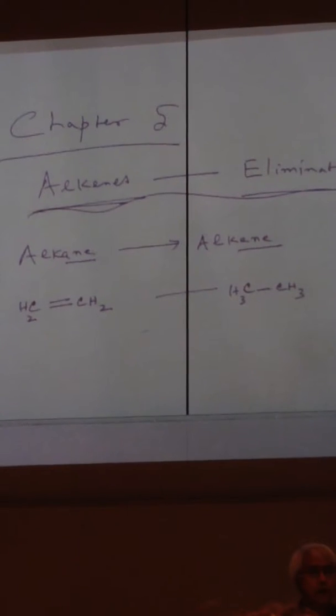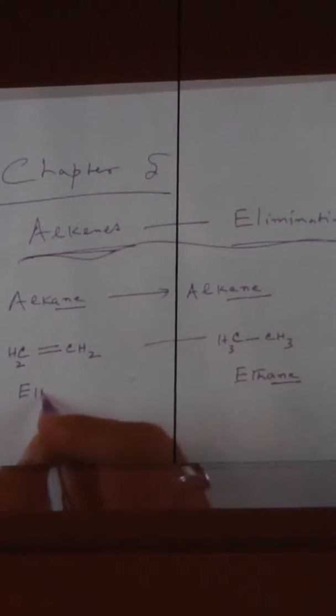So the very first member of this group would be CH2=CH2, which can be derived essentially from the alkane ethane by removal of two hydrogens. If we remove two hydrogens and form a carbon-carbon double bond, that then becomes an alkene. So its name is ethane with ANE replaced, and so the IUPAC name for this is ethene.